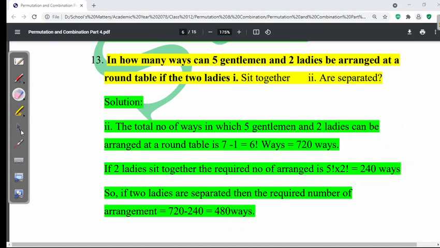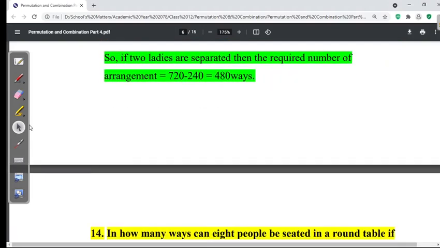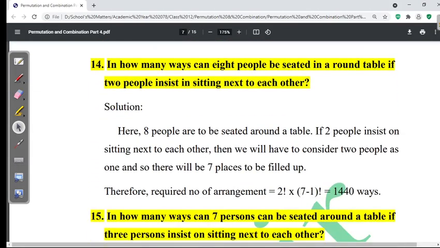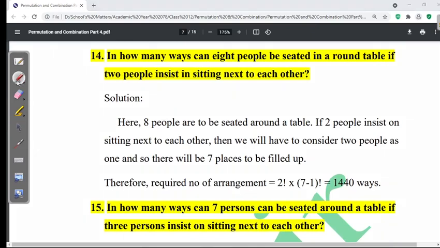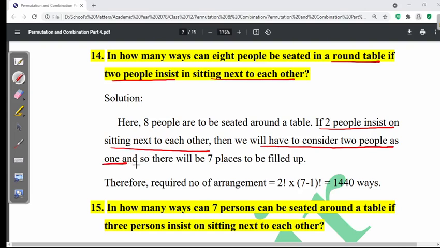480 ways. Now question number 14, dear students. Question number 14 is like this. In how many ways can 8 people be seated in a round? This is also circular permutation. If 2 people are sitting next to each other, then those 2 people represent 1. 2 people in one, sitting next to each other, and there are 7 places to be filled up.